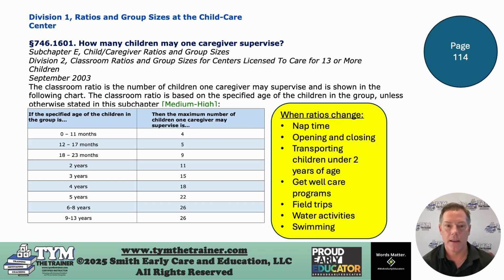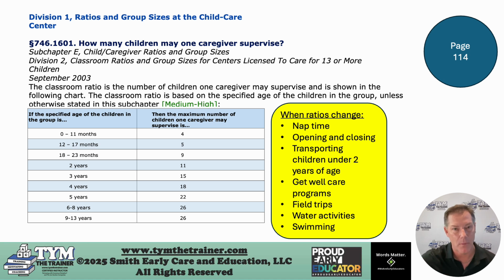Now we'll move on into child-staff ratios. And y'all see that date up on the screen where it says September 2003? Every standard in this book has a date next to it. And that date is going to tell you either when that standard was adopted or the last time that standard was updated. So if you ever want to know what was recently updated or added to the book, you can just go through there and find December 2024.